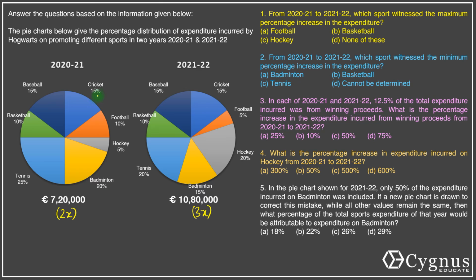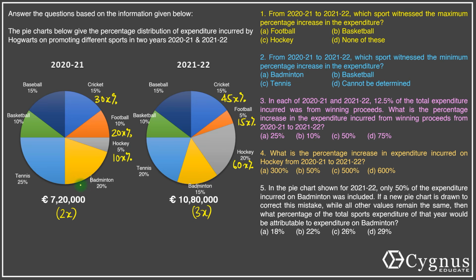That is, in a certain way, I can say this is 30x percent and this is 45x percent. Likewise, football becomes 20x percent on the first pie chart and 15x percent on the second pie chart. Hockey 10x percent to 60x percent.